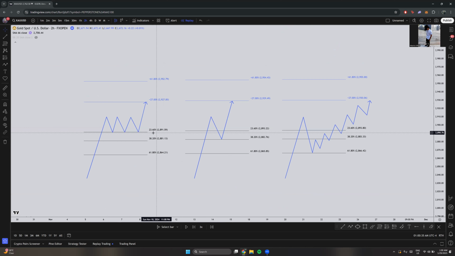So the 23.6% fib level, when price retraces to this area, you usually have a form of consolidation or price range before price then continues to the direction of the overall trend, which in this case was bullish, so it continued to the upside.